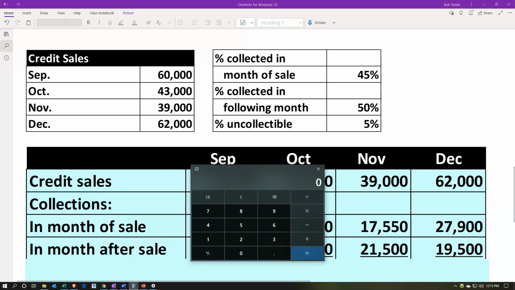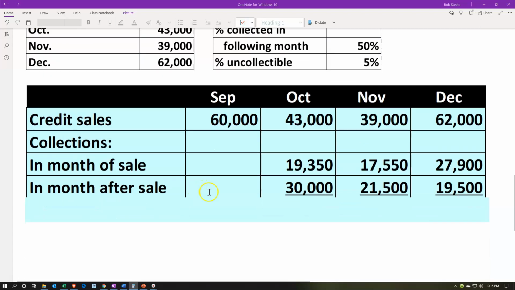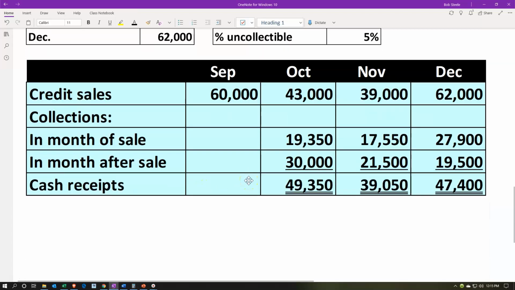And then we're picking up the 39,000 times 0.5, and that staggers on over here to the 19.5. And then that's going to give us our totals for the cash receipts, which is going to be the 19,350 plus the 30, the 49,350 for October, and then November, the 39.5, and December.